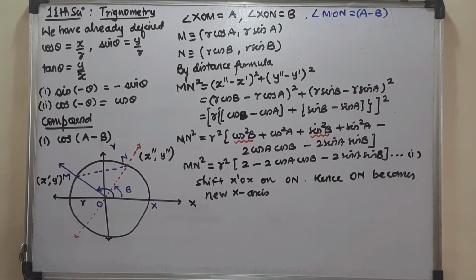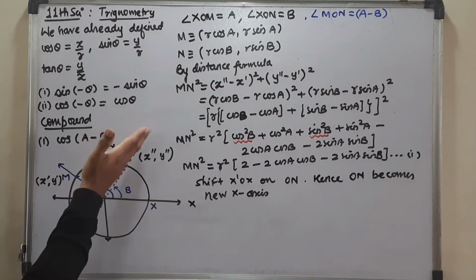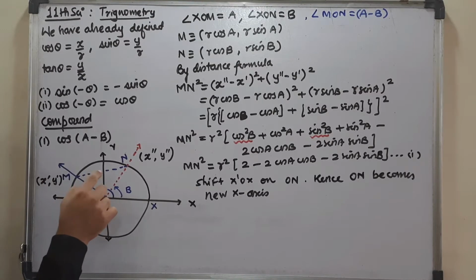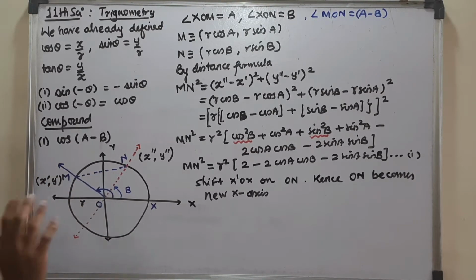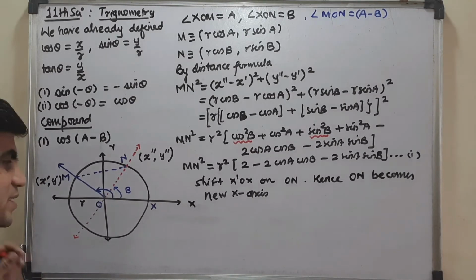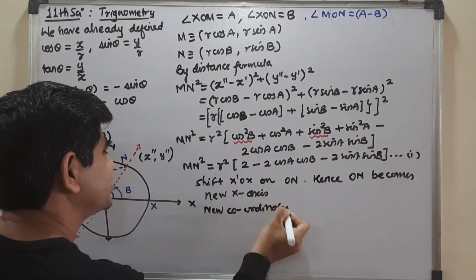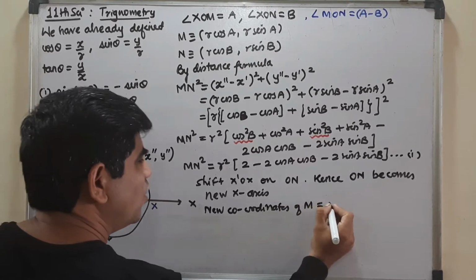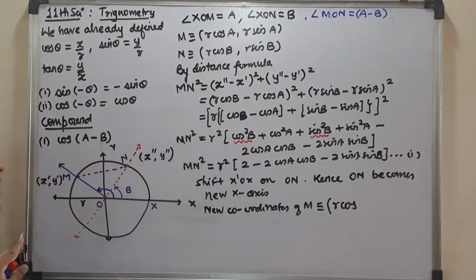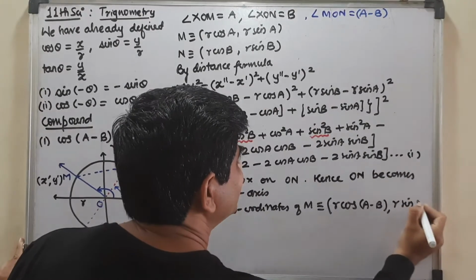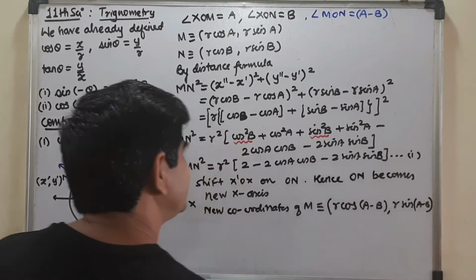So now imagine that this is your original x-axis, and this is your point M, which has a standard angle or a directed angle over here, having angle A minus B. So the new coordinates of M will be r cos theta, where theta has become A minus B, comma r sin theta, that is A minus B. Right?